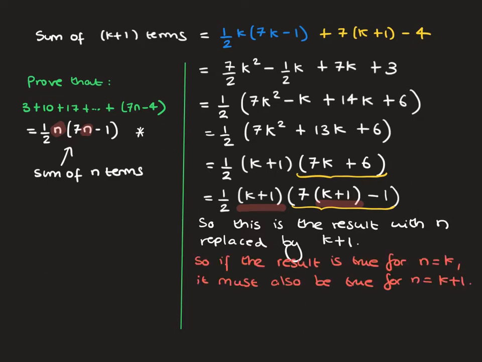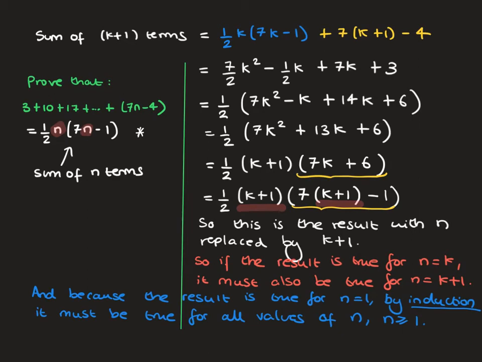What we're saying is if we can use that formula for the sum of n terms to add together k terms, then that formula is also correct if you add together k plus 1 terms. Now, because we showed that the formula was correct when you had one term, well then by induction this must be true for when you add together 2 terms, and then by induction it must be correct for when you add together 3 terms. So it must be true for however many terms you add together.